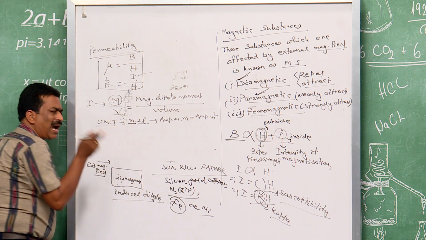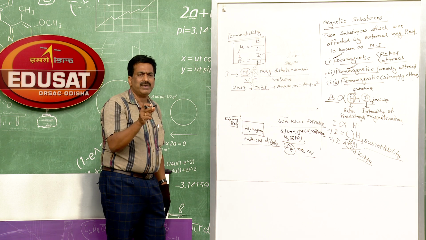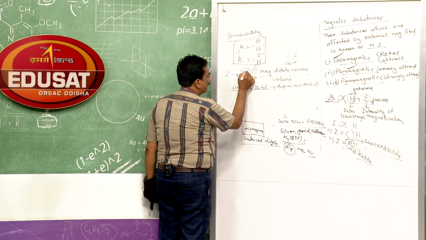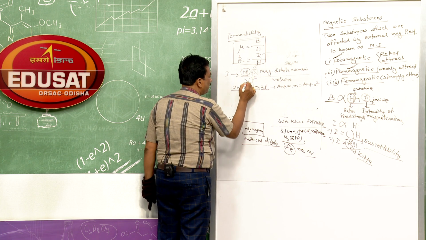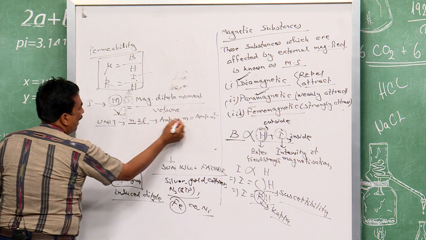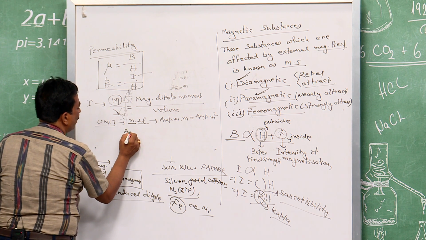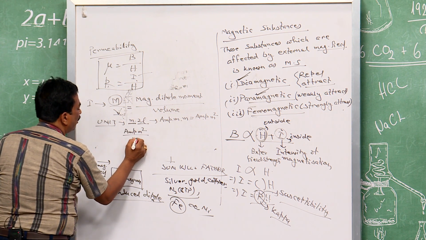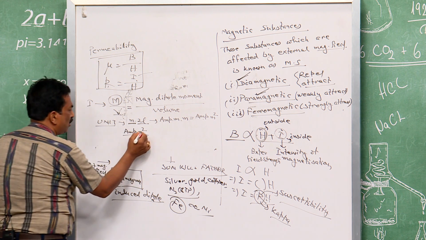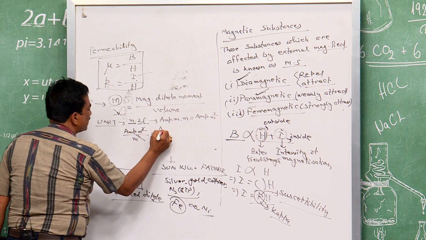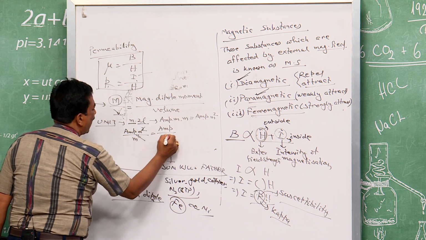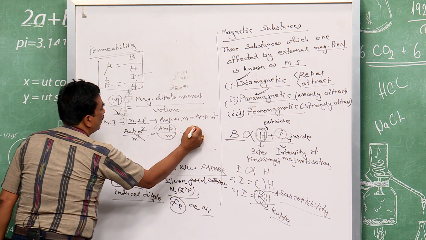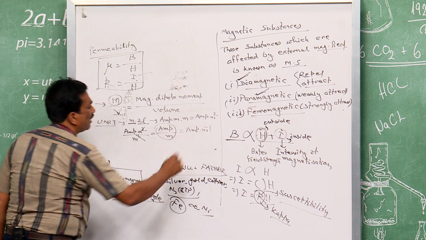The unit, as I said repeatedly, purely depends upon its mathematical expression. The mathematical expression is M by V. So M is ampere into meter square, by V, the volume, which is meter cube. Meter square with meter cube cancel, so that equals ampere by meter. So this is ampere meter inverse.